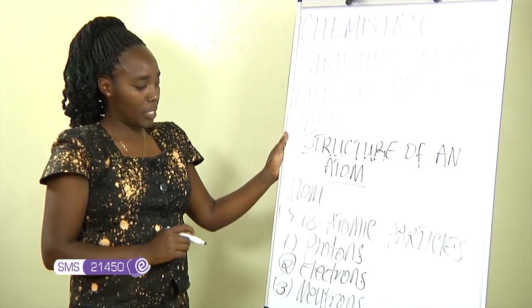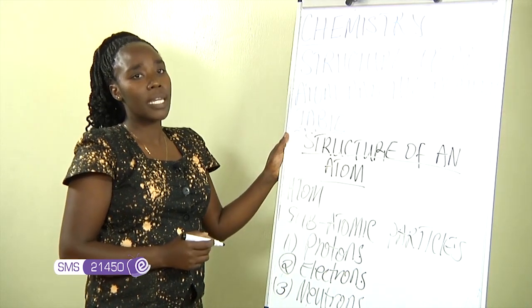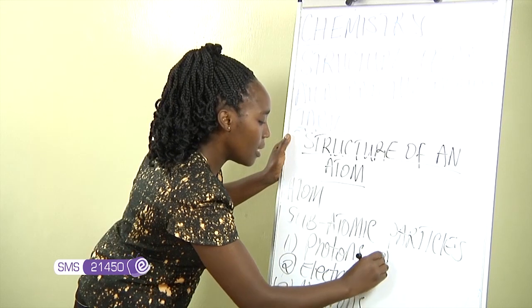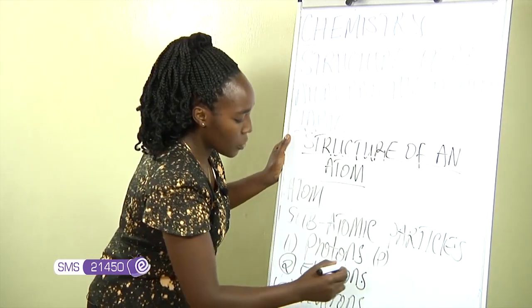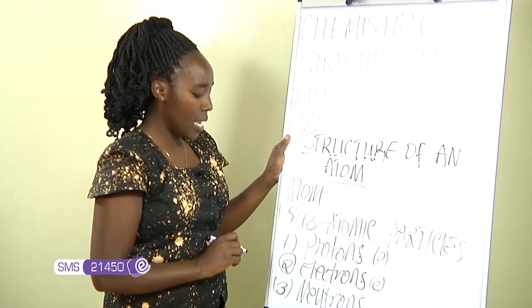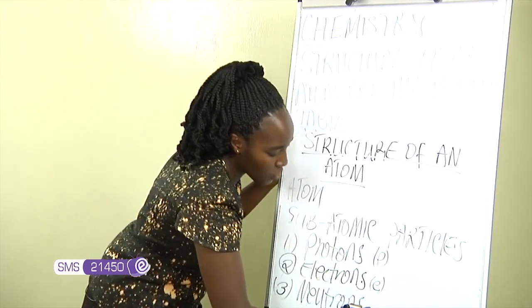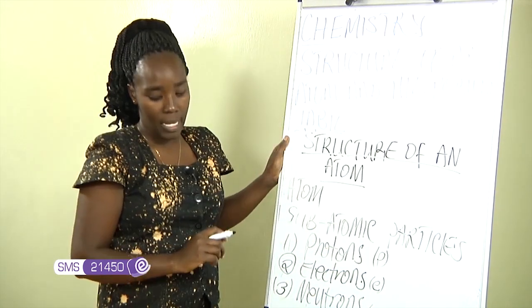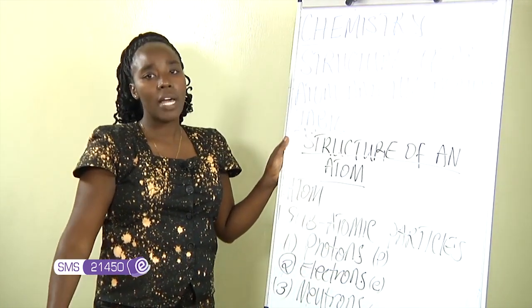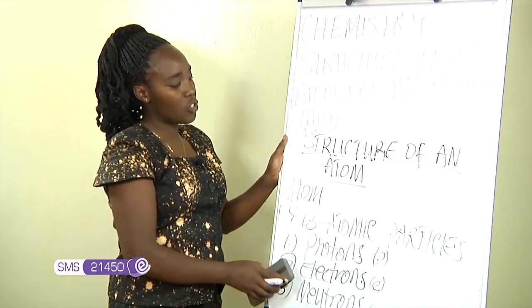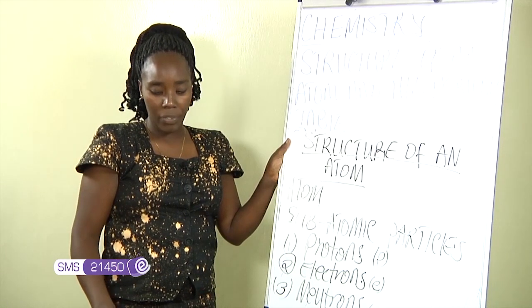The protons always in chemistry are denoted with a small p. The electrons will always be denoted with a small e. And the neutrons will always be denoted with a small n. So those are the subatomic particles that usually make up the structure of an atom.